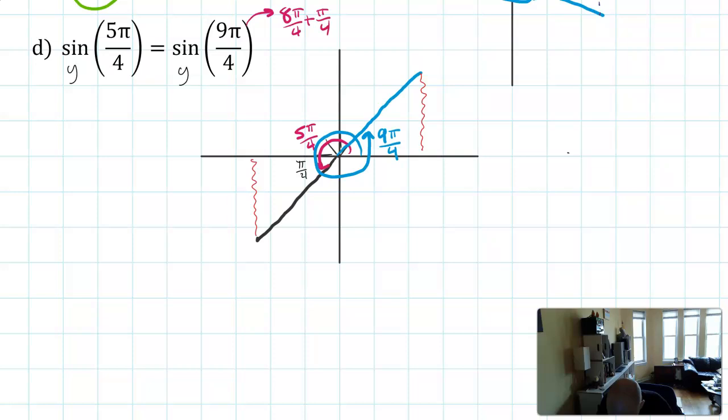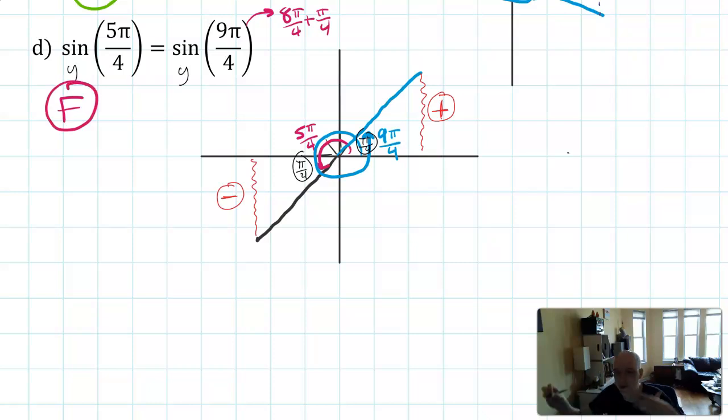So we can observe that although they do have the same reference angle of pi over 4, that little reference angle is pi over 4 in both cases. For 5 pi over 4, that side would be negative, but for 9 pi over 4, that side would be positive. So, as written, this statement is false because they have opposite signs, even though they're talking about the same triangle. But it's an easy fix.